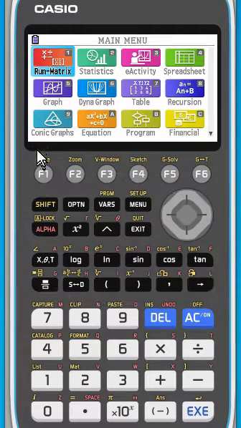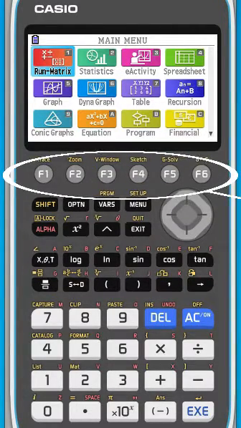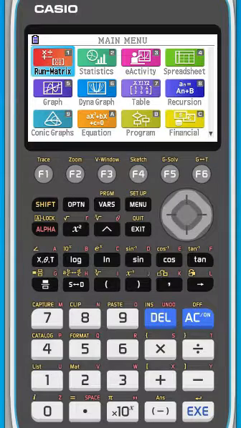And the third most important set of keys are F1 till F6. Those help you select functions, and these are very useful keys while you plot and analyze any graph.